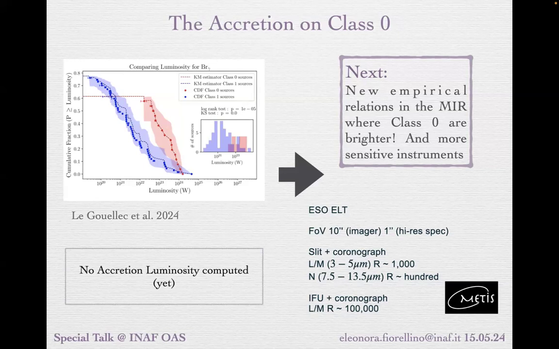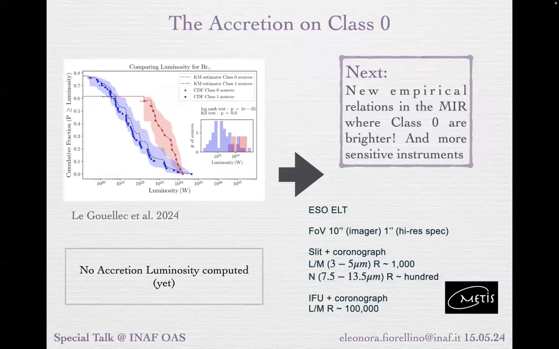Because in the mid infrared, all the class 0 and 1 are brighter, so everything is easier, and hopefully we will be able to get new results. This is a very nice moment to do this because there is already JWST and ARIES or CRIRES at VLT, but also in the near future there will be METIS at ELT, which is basically perfect for this kind of scientific purpose.